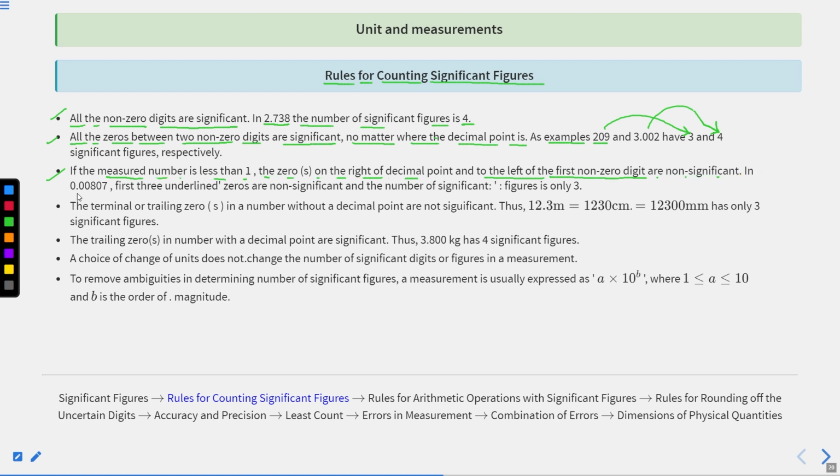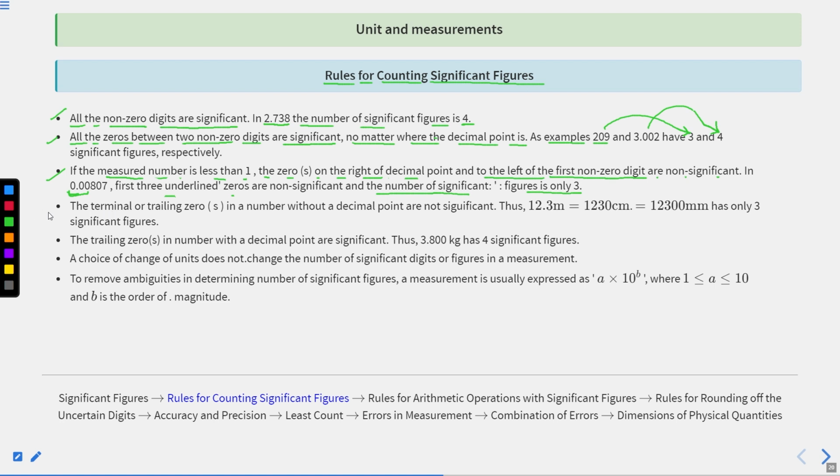Example, in 0.00807, the first 3 underlined zeros are non-significant, and the number of significant figures is only 3. Clear?